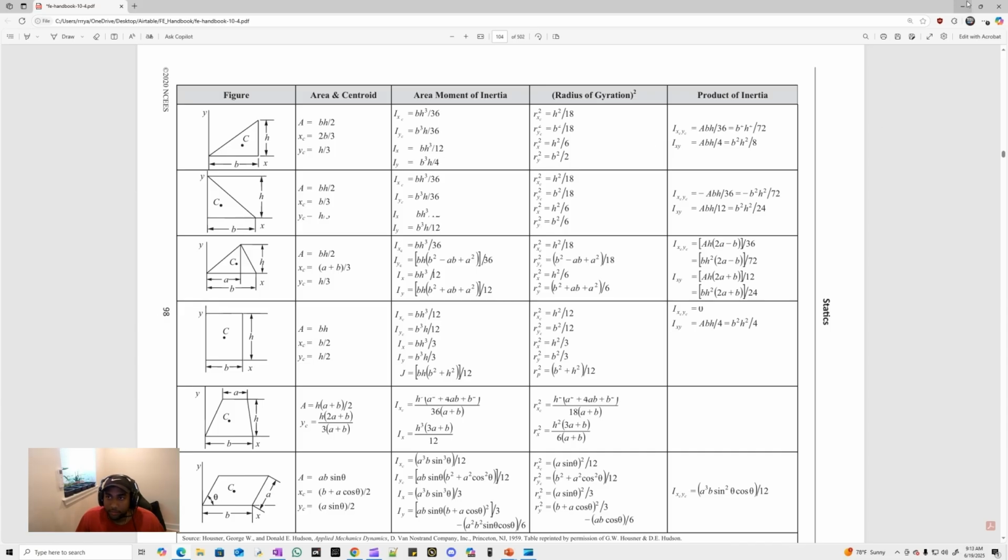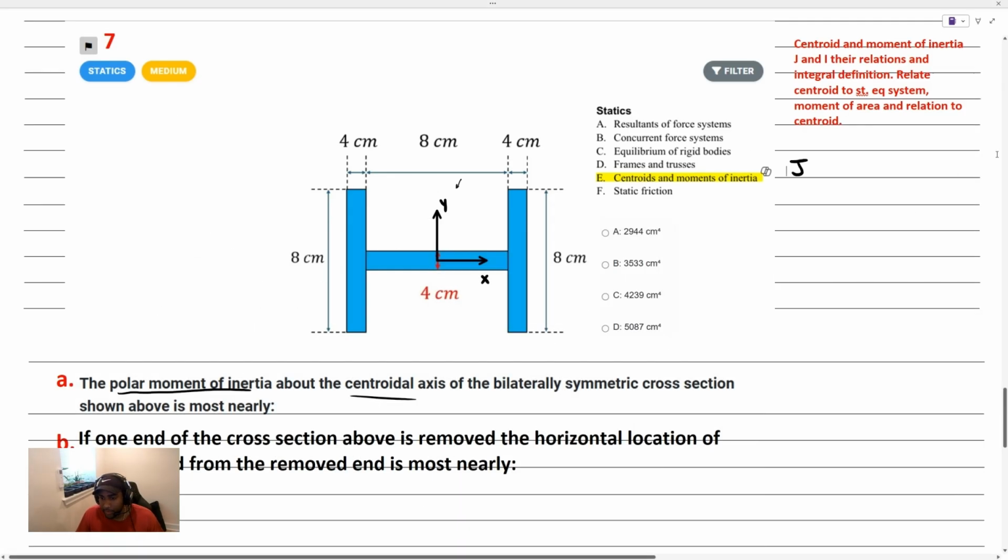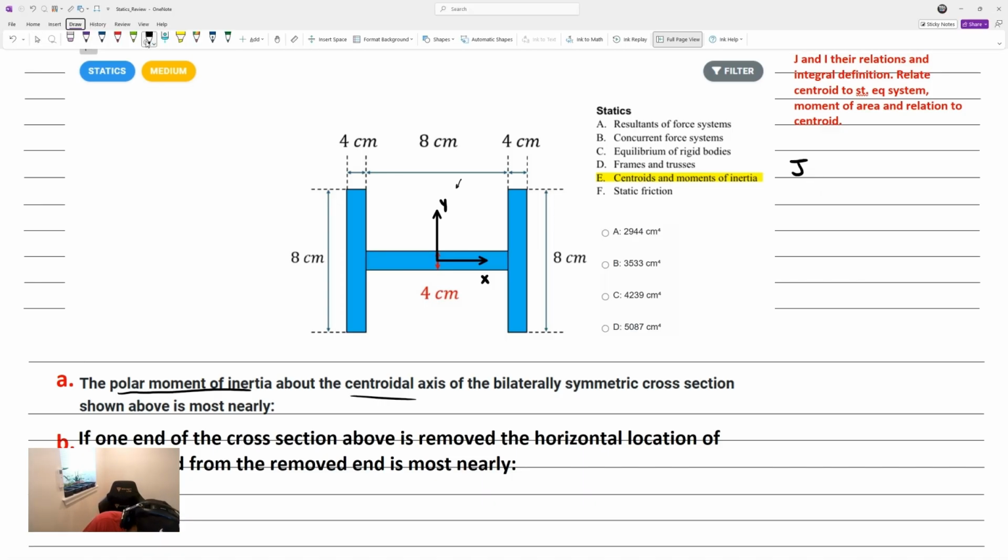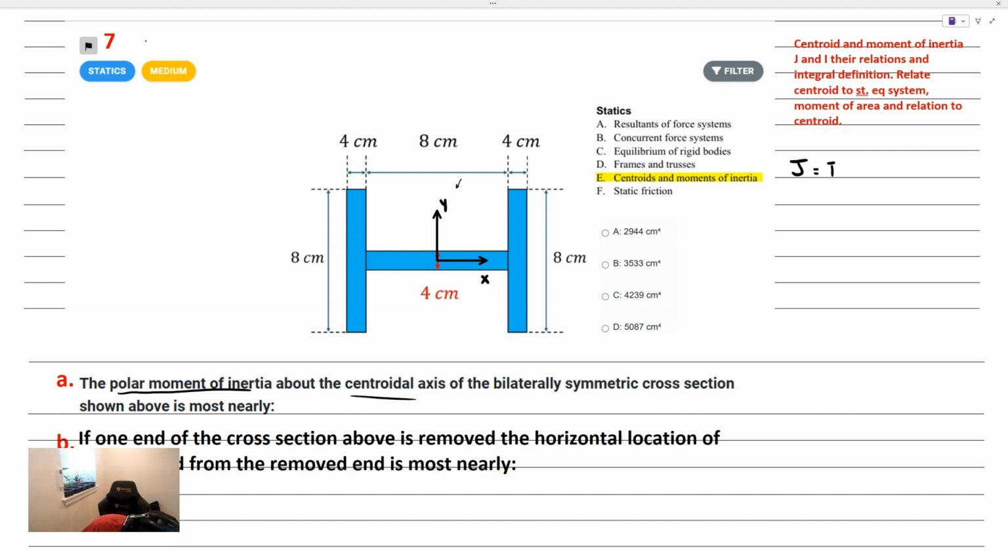Let's go ahead and apply some of this knowledge. In general, J is going to be equal to the sum of Ix plus Iy. So what we're going to do is find Ix and Iy, and then sum them together to find J, and we'd be able to answer this question. Okay, so let's denote the small side b.